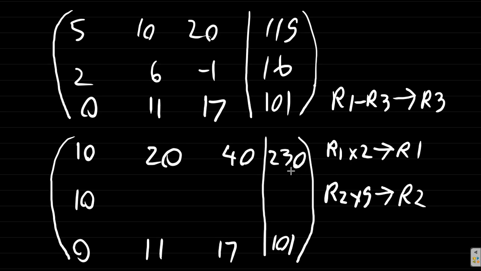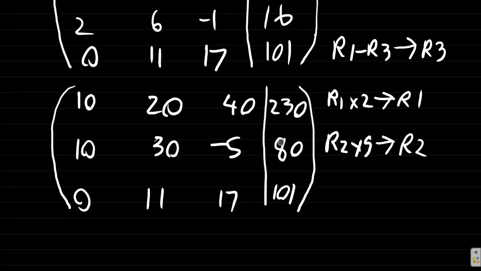Okay? So you see that? Multiply everything up here by 2. Then multiply everything down here by 5. 5 2s, 10. 5, 6 gives us 30. 5 by negative 1 gives us negative 5. 5 by 16 gives us 80. Alright, good. So there we have that.